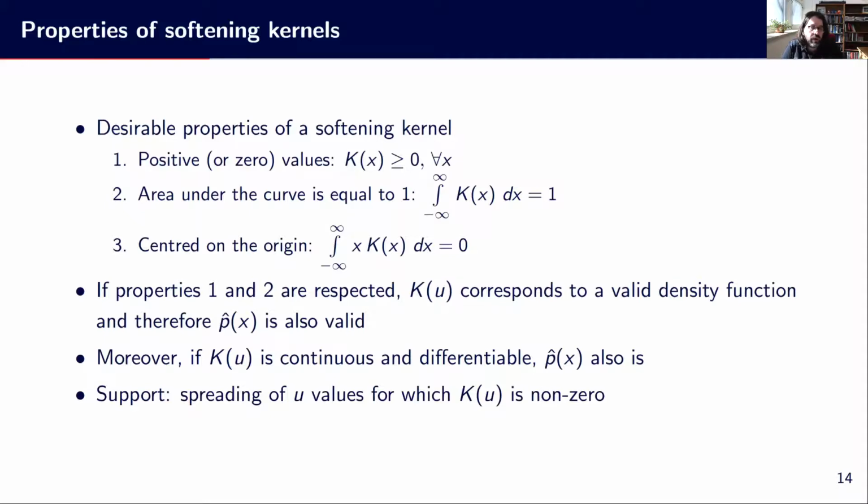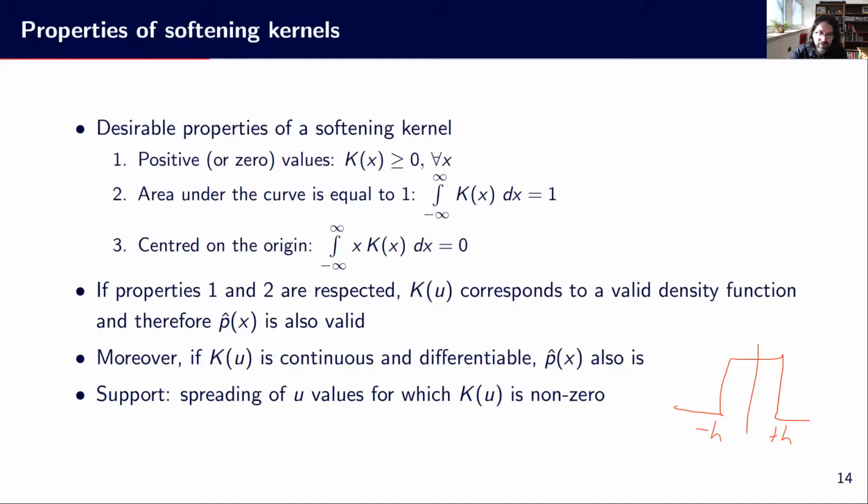One thing that we are also looking at is what we call the support. The support defines the spread of the values around which it is non-zero. So the support for the squared kernel, when we see it's minus h to plus h, is 2h.